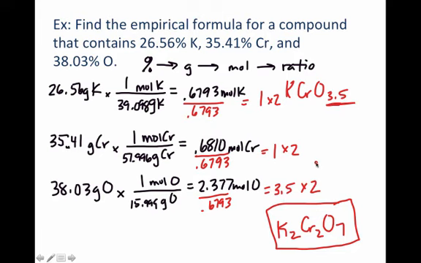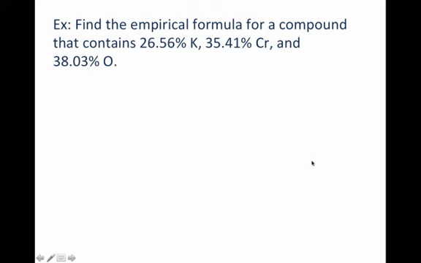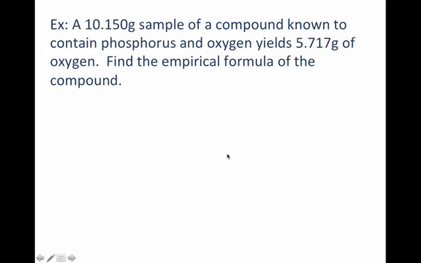I want to do another example problem with you, so let's switch to the next problem. And the next problem says, a 10.150 gram sample of a compound known to contain phosphorus and oxygen yields 5.717 grams of oxygen.